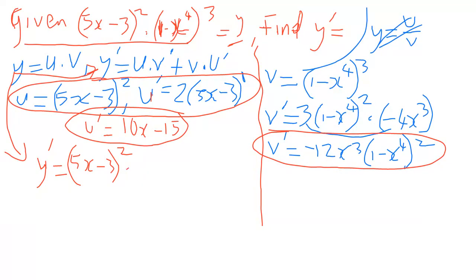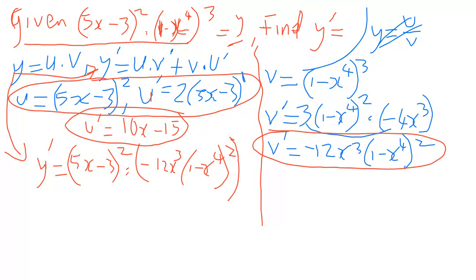The derivative of v is right here: minus 12 x cubed, a bigger parenthesis outside, then bring this down, (1 minus x to power 4) then squared. And then the outer parenthesis.